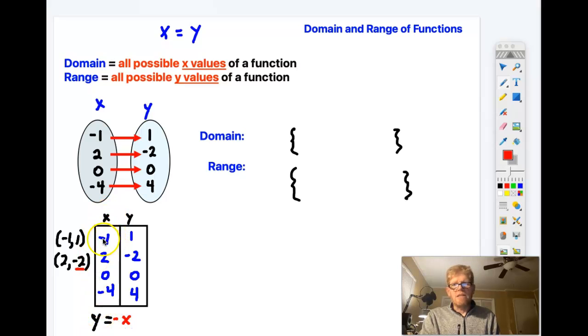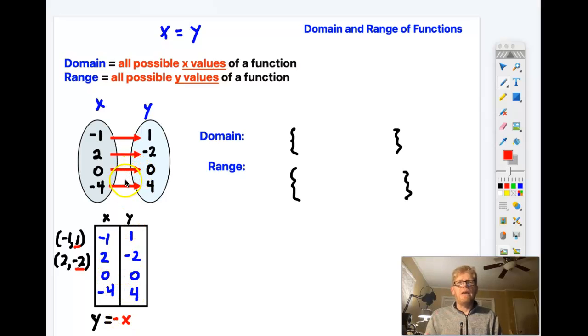So we take -1 and we take its opposite, or its negative, and that gives us +1. So -1 times -1 is 1. 2 times -1 is -2. 0 times -1 is just 0, and -4 times -1 is 4. So this is the equation, this is the table, this is the mapping.